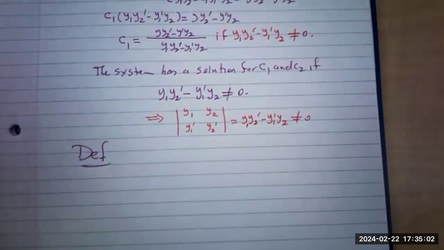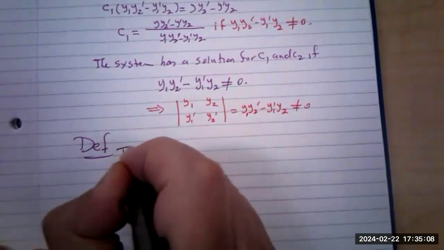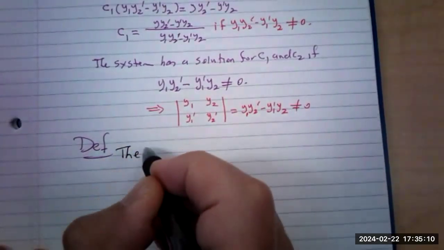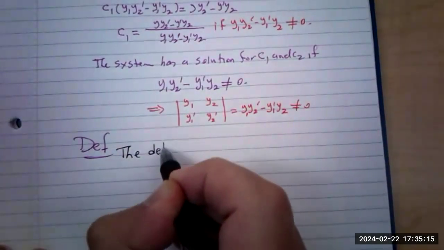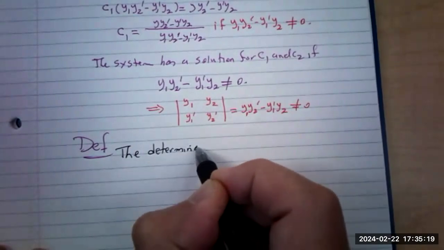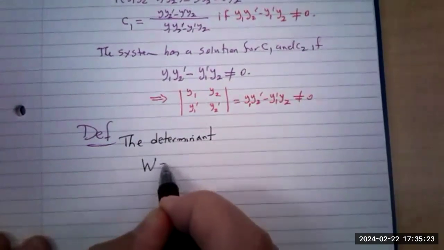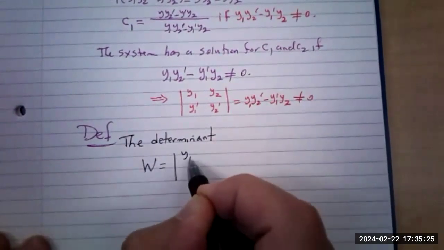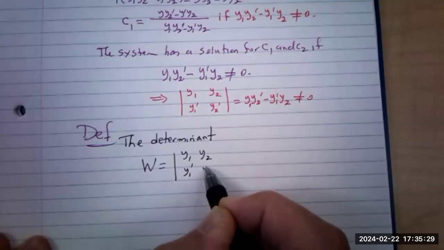Definition of a Wronskian, I think it's named after a Polish mathematician. This determinant that we talked about, we call it W, which is equal to y1 y2 prime minus y1 prime y2. This is just for the equation of the second order.